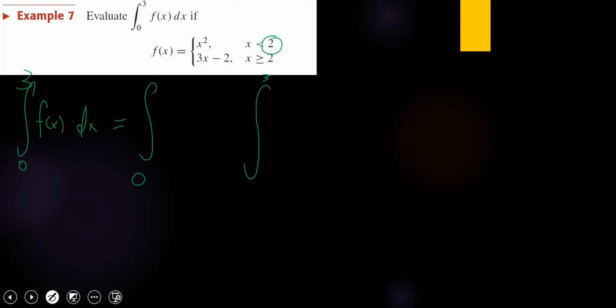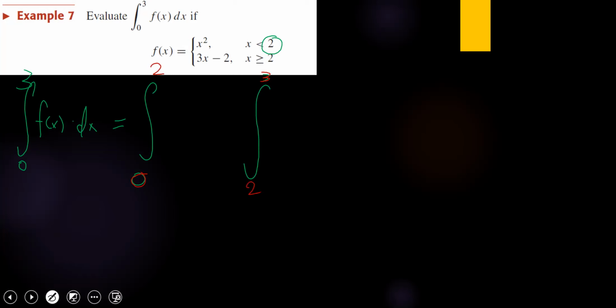Here we have 0 and 3, so we will put this 0 here and this 3 here in the second integral. Then since 2 is a disconnect point, I will say from 0 to 2 and from 2 to 3.